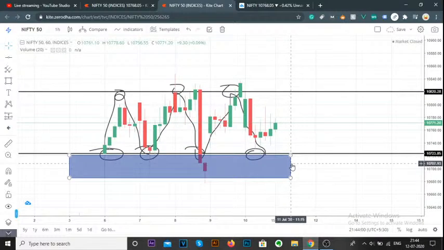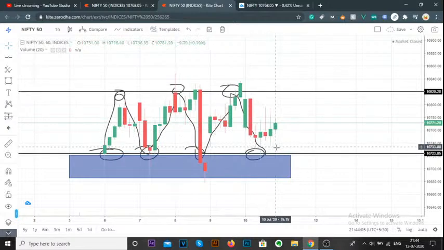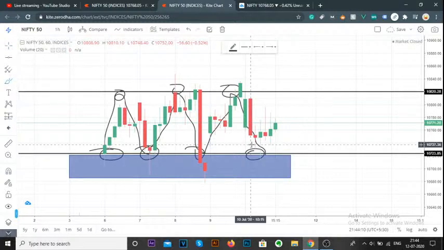Now if you look carefully, every candle which is formed here, no candle has closed near your zone. Whenever it came here, it was pushed back high.